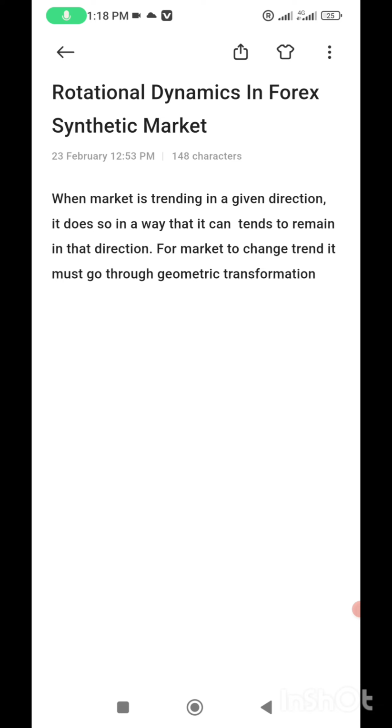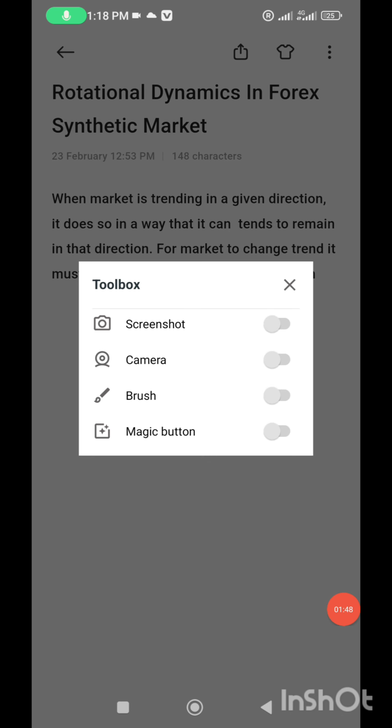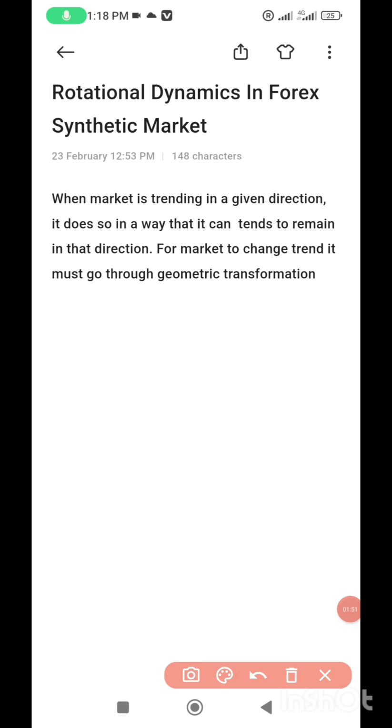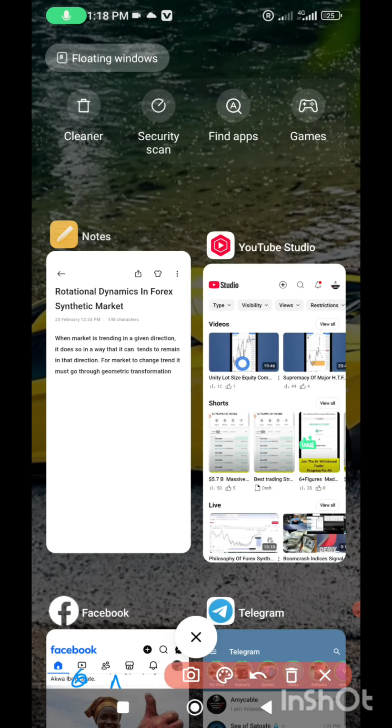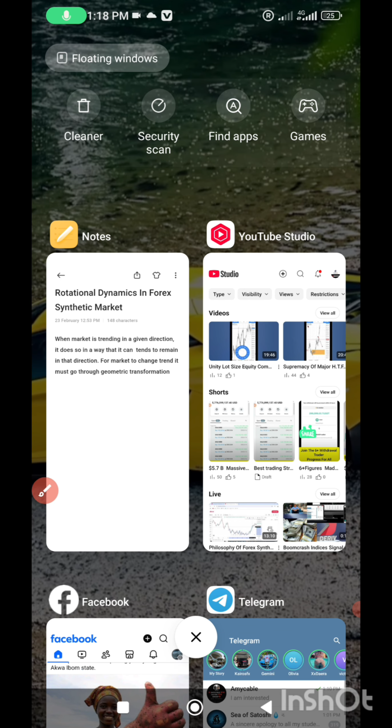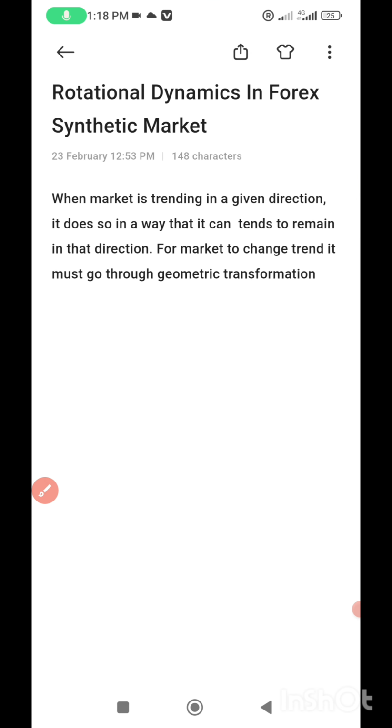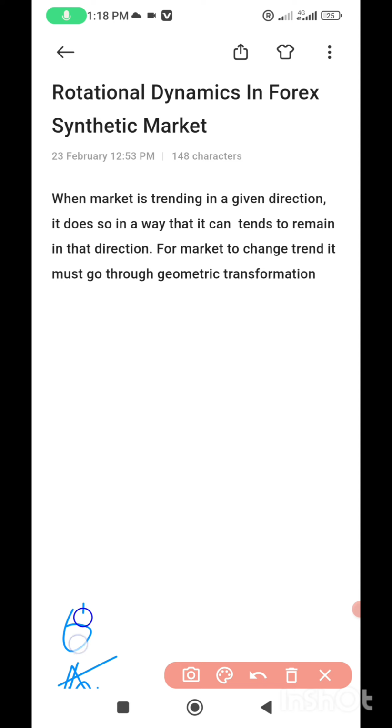So I'm gonna give you a little bit of illustration. We have a price point. The price was at this point A, and then it travels a significant length and reaches a point B. There could be waves between these two points.